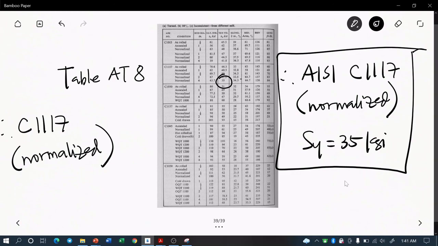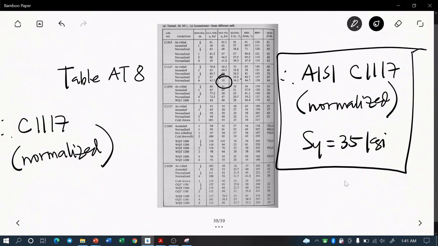So the process is basically the reverse of when we solve the diameter. In the first problem, in solving the diameter, it first started with the property of the given steel. Here, in the second requirement of problem number 2, the steel is unknown.